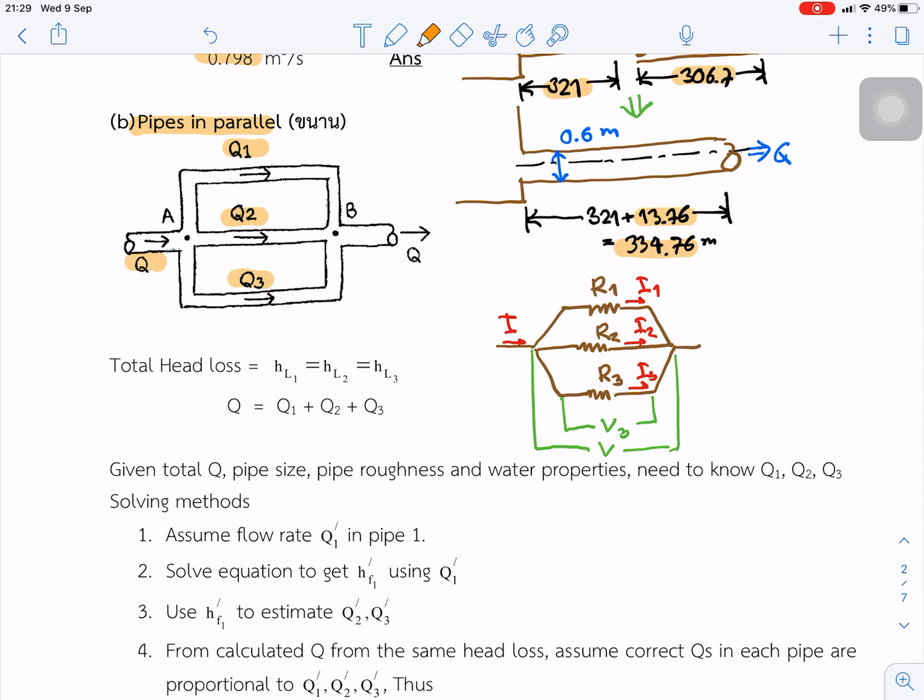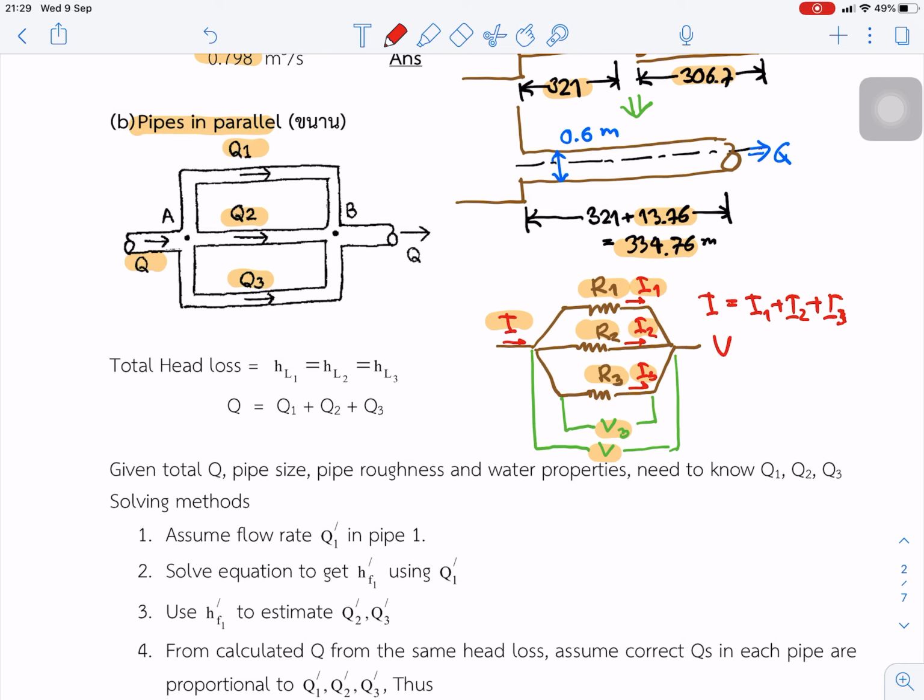For example, you have three resistances R1, R2, R3, and the current I is separated into I1, I2, I3. But in terms of the voltage, V is equal to V1, V2, V3. So in this case, you can say that the electrical current I is equal to I1 plus I2 plus I3.